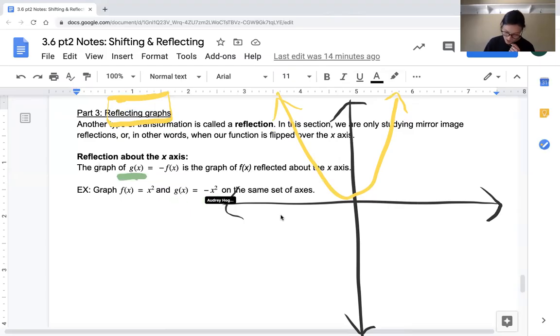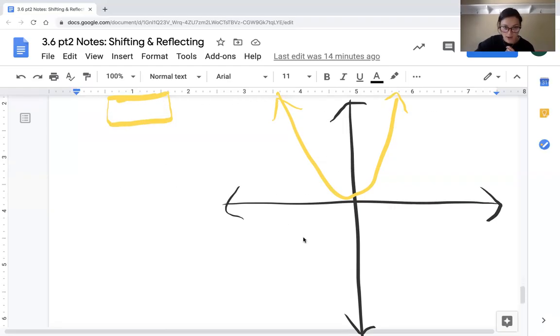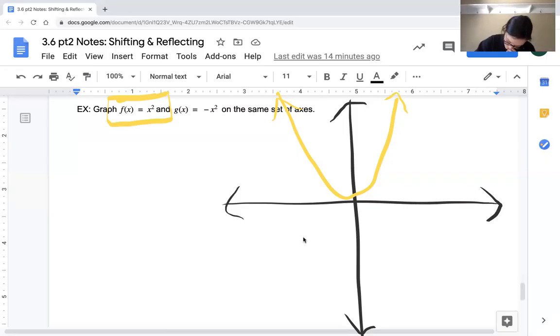So I know that my graph is the graph of f of x reflected about the x-axis. I know which axis is my x-axis. I'm not going to draw it because I don't want to change pen colors and I want to color code this because I'm weird about stuff like that. But anyway, I know I have f of x graphed, and g of x is going to be the reflection of f of x about the x-axis.